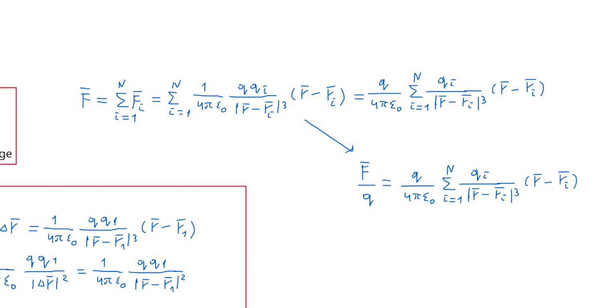But it's necessary to replace Q with 1. So we have divided left and right sides by charge Q.